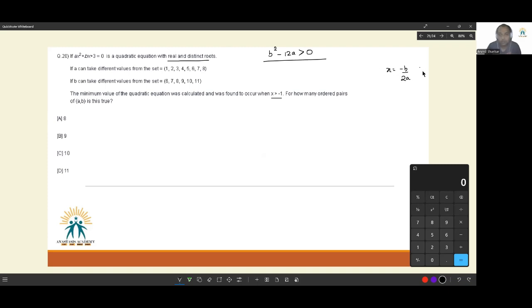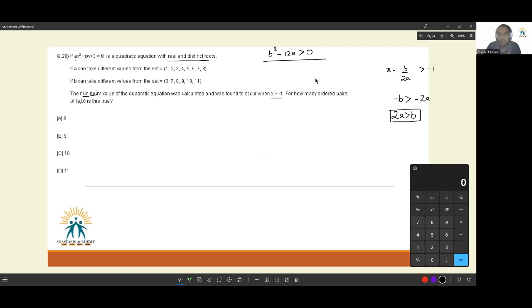But we are told x is greater than minus 1. We are also certain, given that we are able to find the minimum value of the quadratic, a is necessarily positive. So I can multiply both sides with a. I'll have minus b is greater than minus 2a, or 2a is greater than b.